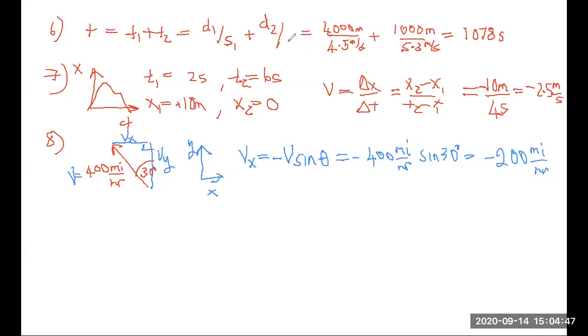D2 over D2 would be ridiculous for many reasons. It would be dimensionless, so it wouldn't have a time, and it would be 1. And so it wouldn't matter how fast or slow the runner was going.